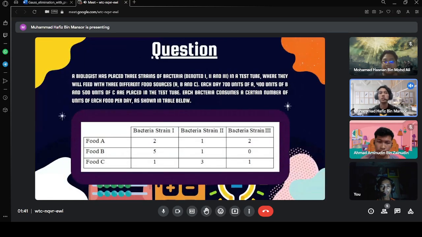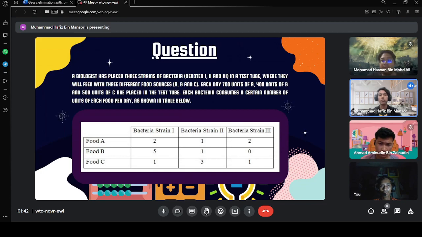For this question, we got it from a past year paper. Let me read it first. The question is: a biologist has placed three strains of bacteria denoted 1, 2, and 3 in a test tube where they will be fed with three different food sources A, B, and C. Each day 700 units of A, 400 units of B, and 500 units of C are placed in the test tube.